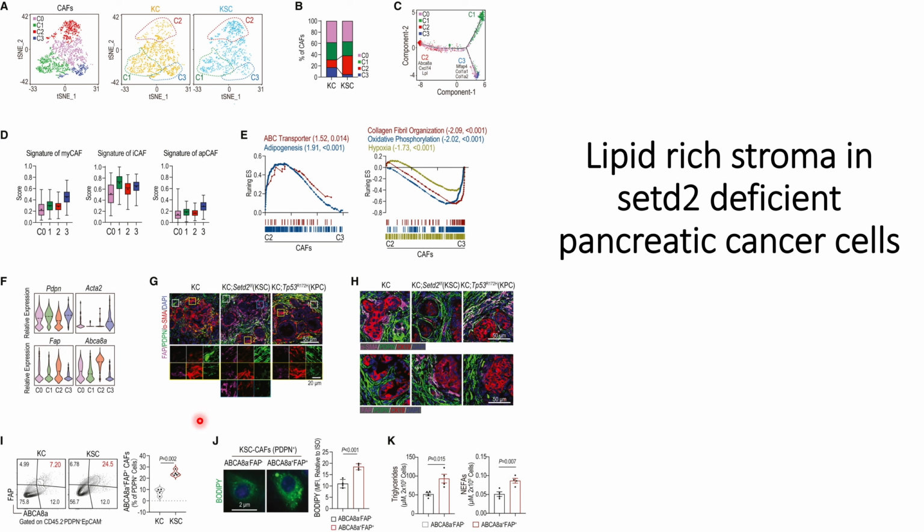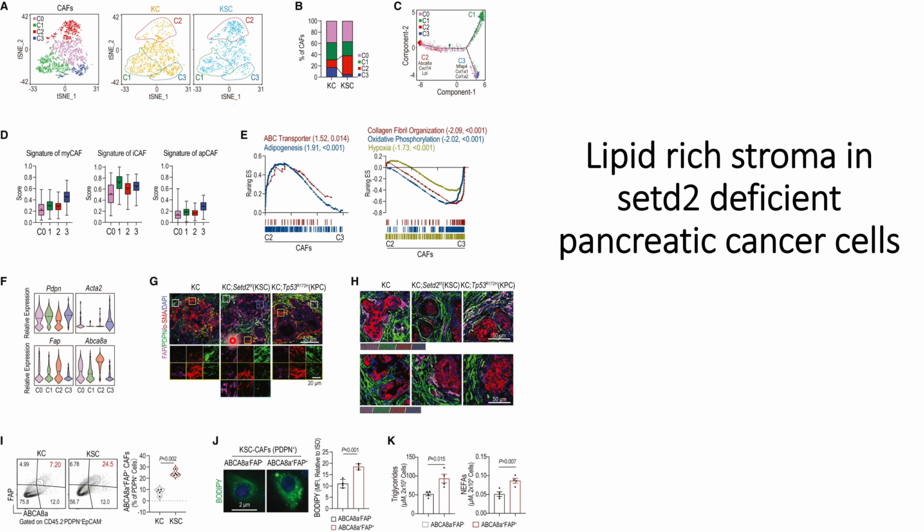Thereafter, when they checked the immunostaining of the mouse models of different cancer types such as KC and KSC, they found that FAP is more predominantly expressed in KSC tumors, whereas alpha-SMA is expressed in the KC, normal wild type, and KPC tumors, but less in the KSC tumors.